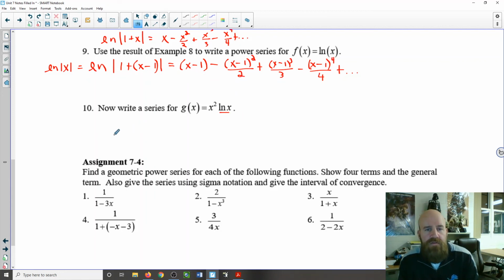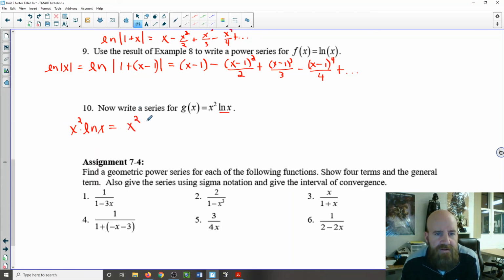So all we have to do, if we want x squared ln x, that's the function that we want. That's going to be equivalent to, and all we have to do when there's multiplication out here of a power series that we know, is take our terms and multiply by this value here.